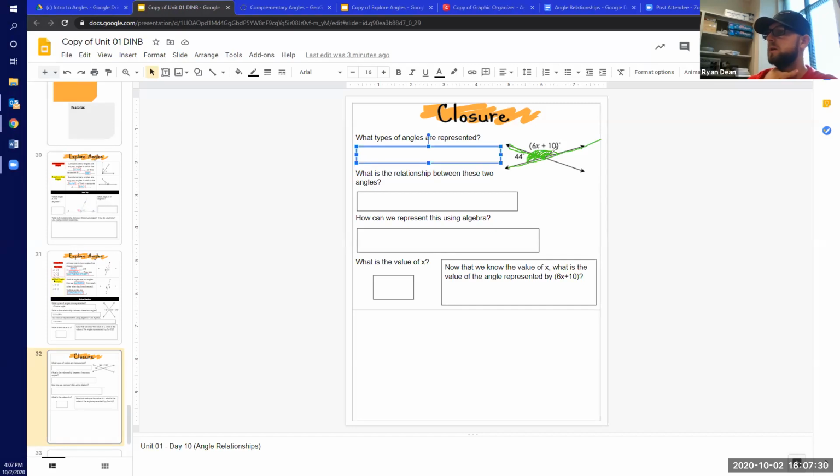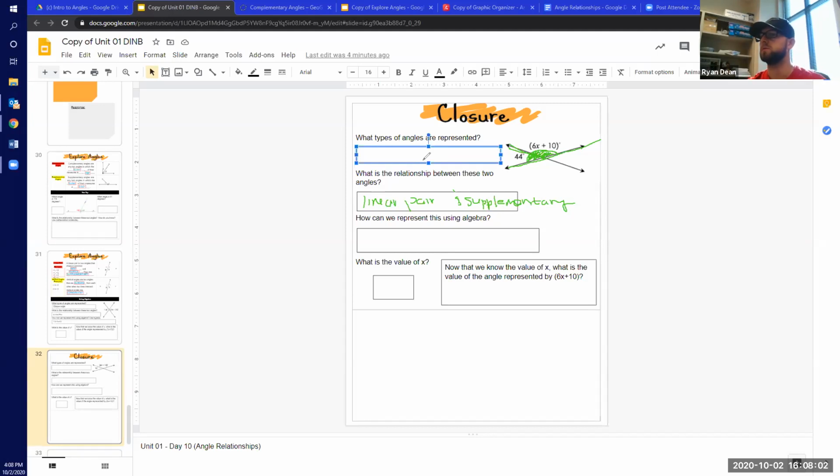We know that straight lines always equal 180 degrees. So in this case, for the relationship piece, we have the linear pair. And since it's a linear pair, we also know that the two angles are supplementary. If you have a linear pair, they're always going to be supplementary.